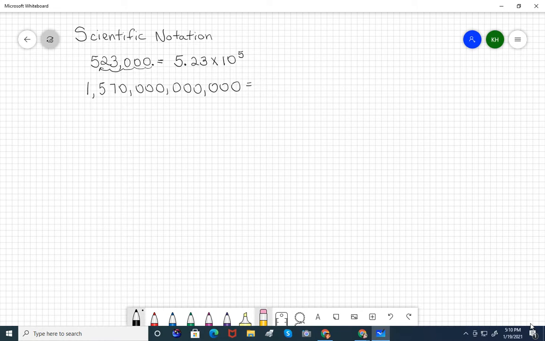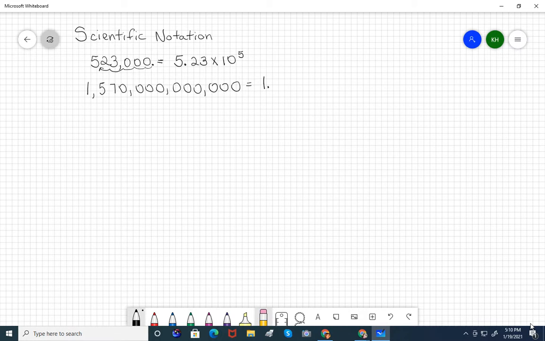We have another comma, these are the millions. These are the billions. This is actually on the order of 1.57 trillion. But all we need to do to write it in scientific notation is put the first digit that's not a 0. It can't be a 0. It has to be a 1, 2, 3, 4, 5, 6, 7, 8, or 9.